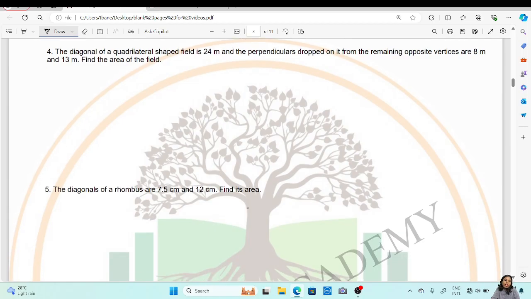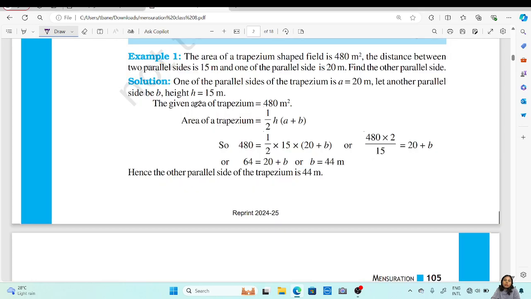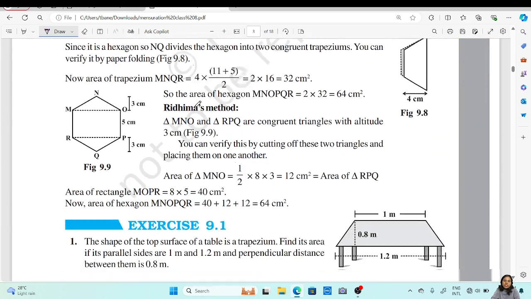Okay, so moving ahead. The diagonal of a quadrilateral shaped field is 24 meter and the perpendiculars dropped on it from the remaining opposite vertices are 8 meter and 13 meter. Find the area of the field. So that shape we will take first.